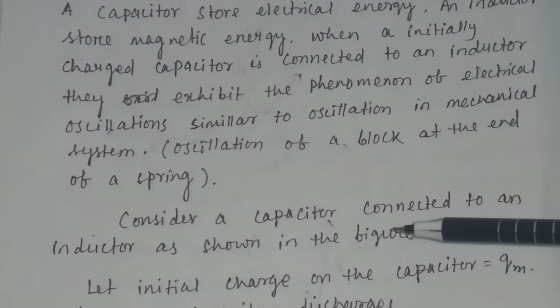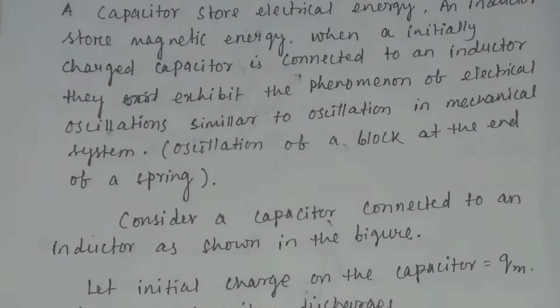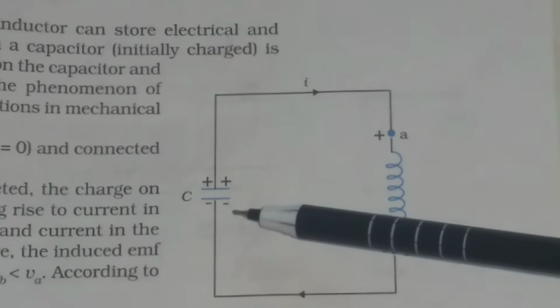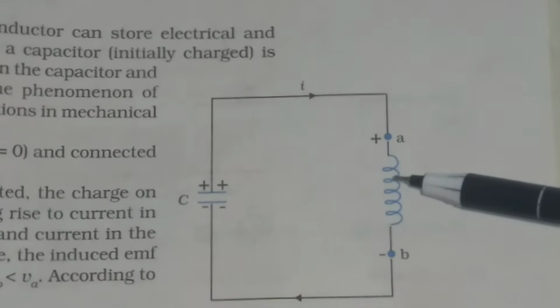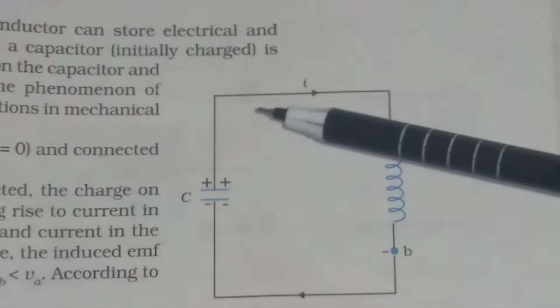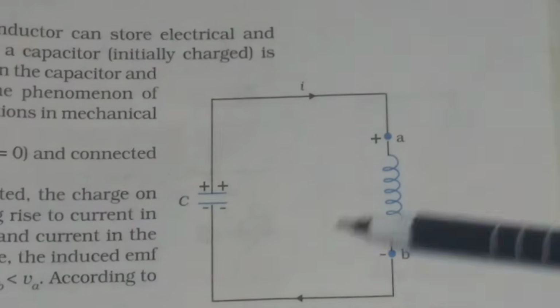Consider a capacitor connected to an inductor as shown in the figure. This is a capacitor of capacitance C, and this is the inductor having coefficient of self inductance L. The capacitor is connected to the inductor, which is called the LC circuit.